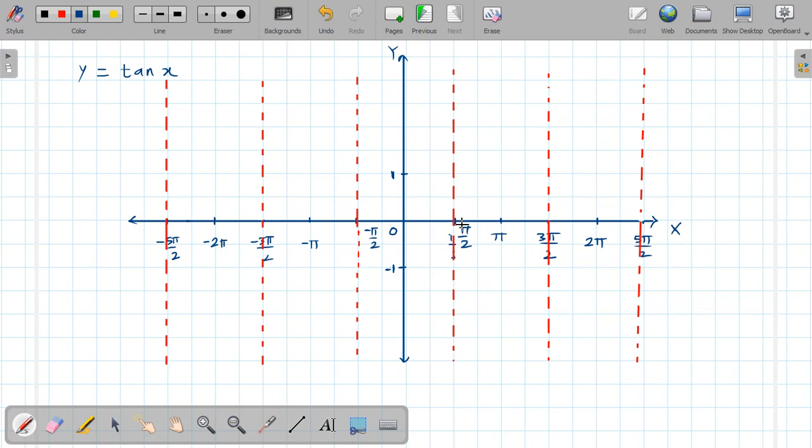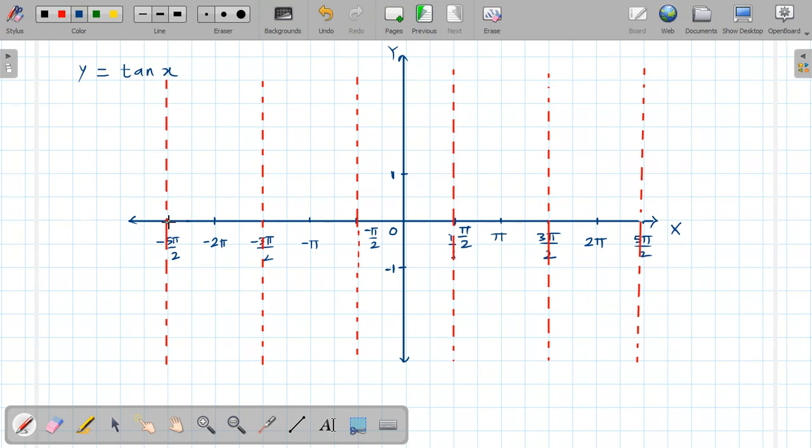Now we know that for pi by 2, for 3 pi by 2, for 5 pi by 2, the tan function is equal to infinity, meaning the value of tan theta or tan x is infinity. Similarly, for minus pi by 2, it is also infinity. For minus 3 pi by 2, it is also infinity. For minus 5 pi by 2, it is also infinity, as we have discussed earlier.